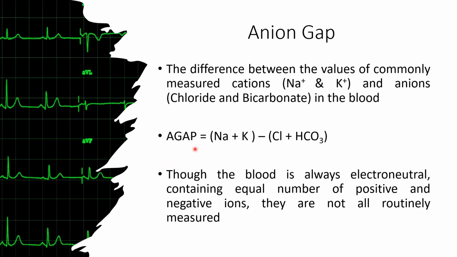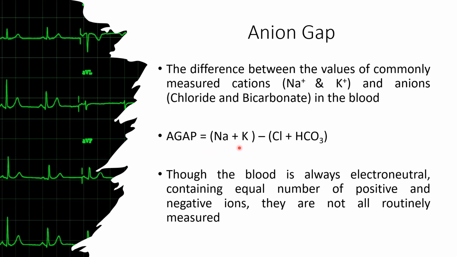Mathematically, a normal anion gap can be determined by measuring sodium, potassium, chloride, and bicarbonate and subtracting the addition of bicarbonate and chloride, which are negative ions, from the addition of sodium and potassium, which are the positive ions.